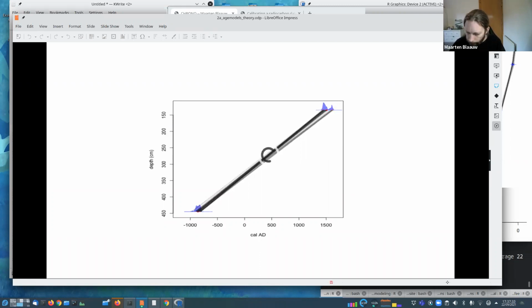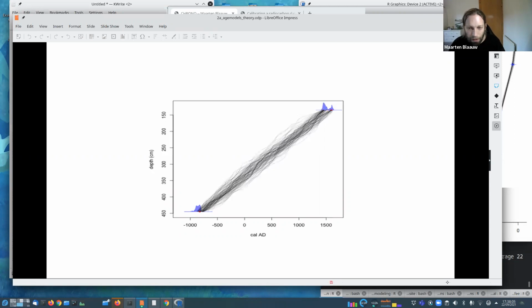Instead, we should be looking for models which don't accumulate linearly from one date to the next, but have some degree of freedom to find their own way. And there, the further away you are from dated levels, the more uncertain we are. And that is what we should be looking for in a model. That's the type of models that Bacon, Bchron, and OxCal do.